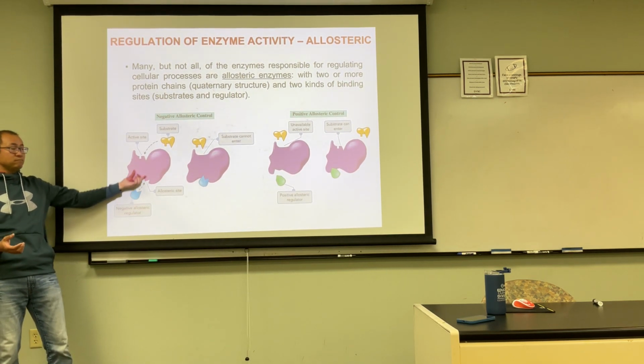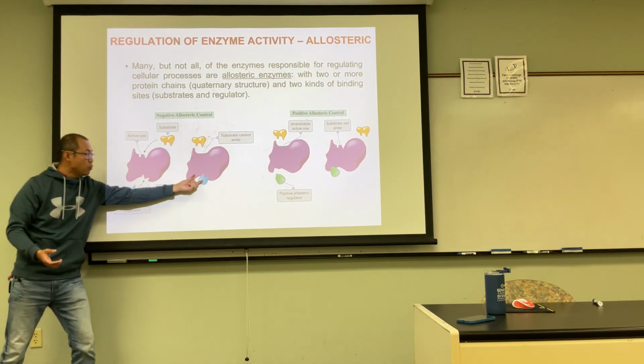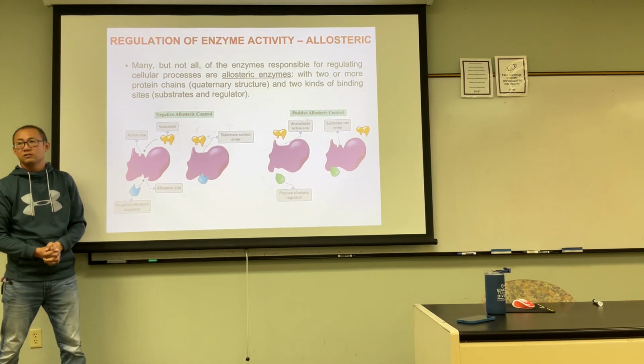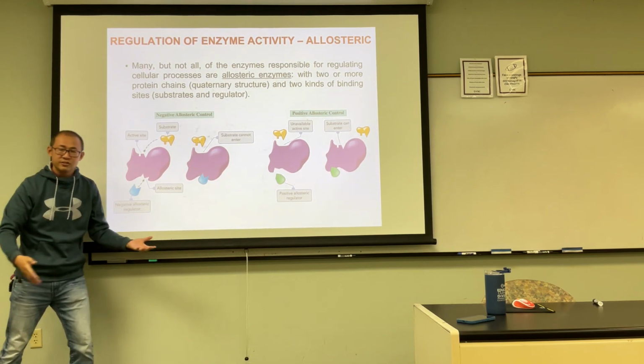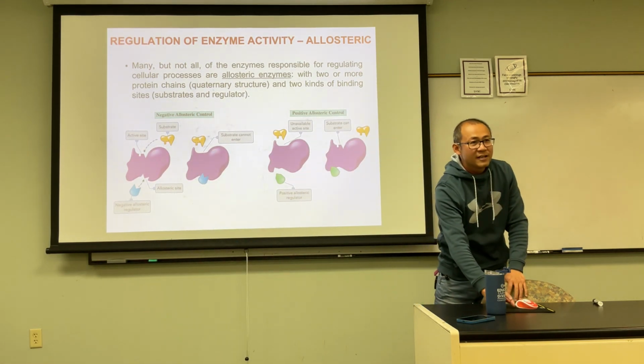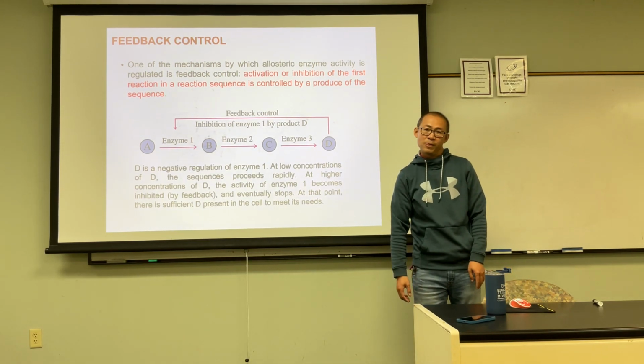If you have a lot, it inhibits and slows down. If you don't have a lot, it will dissociate and the enzyme will go back to work. Again, nature, through evolution, has a lot of these things that you would think are very amazing.